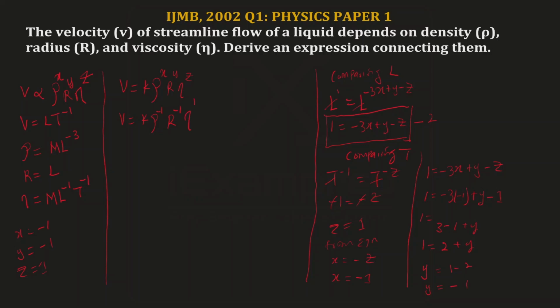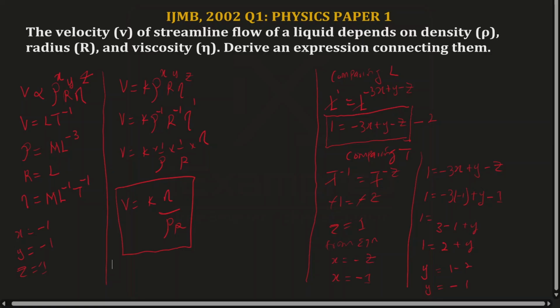When we have a negative exponent, this is the same thing as 1 over density multiplied by 1 over radius, multiplied by the coefficient of viscosity. So putting it together, we have v equals k multiplied by viscosity over density times radius. So this is the formula connecting each of the parameters, and this is the formula for calculating streamline flow of a liquid.